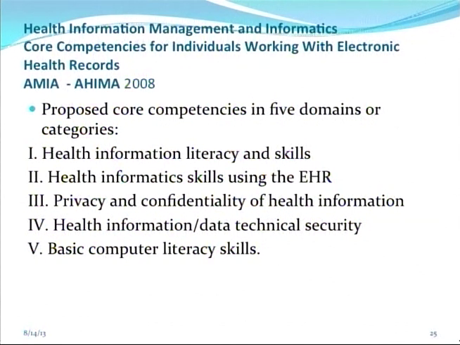This is a main piece in the management and in the literacy, and we have the basic computer skills. These are all mentioned in the TIGER. And even confidentiality and privacy is mentioned somehow in the TIGER. So they didn't actually add too many things to the TIGER.